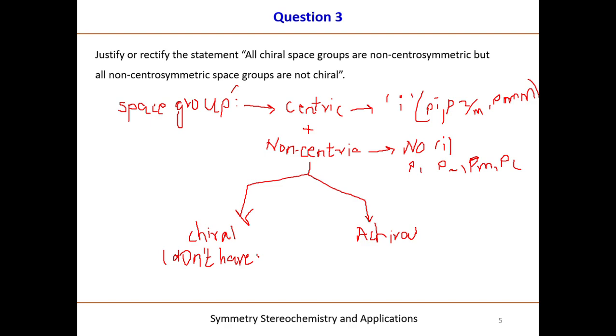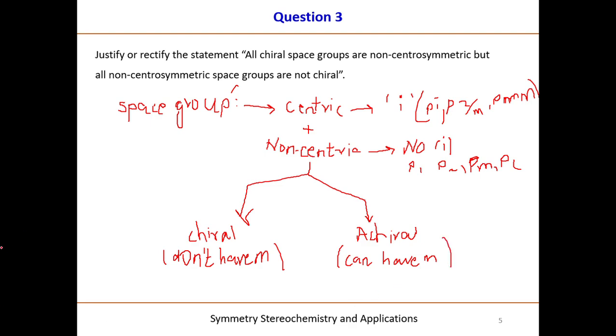While achiral molecules can have a mirror plane, which is denoted by M.